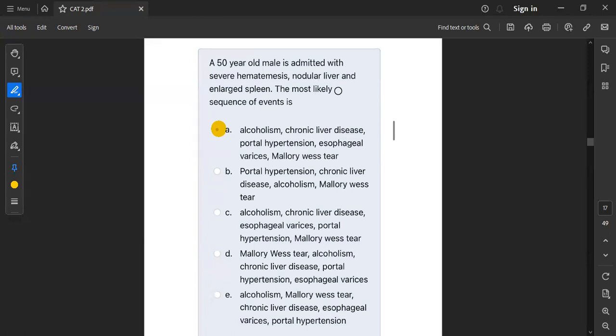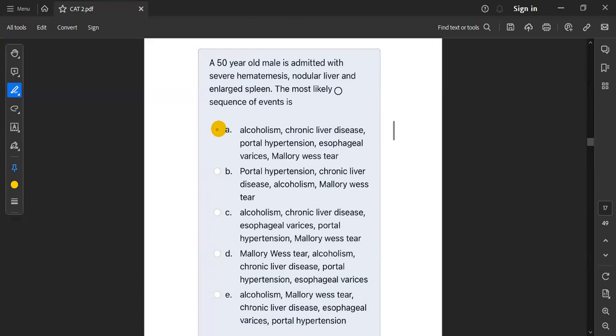What will happen, this blood is coming a lot, more than these veins can handle, or more than these veins are used to handling. And so what will happen? These veins will tear, they will burst, and then they will lead to this sort of Mallory-Weiss. Mallory-Weiss is the tearing, or the tears, in the esophagus, right?